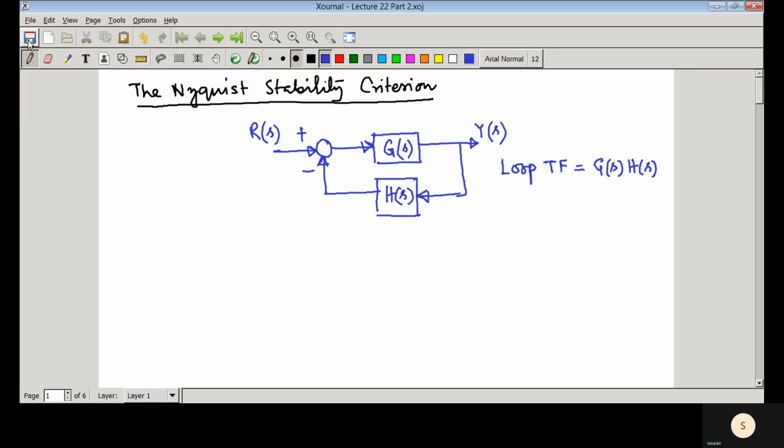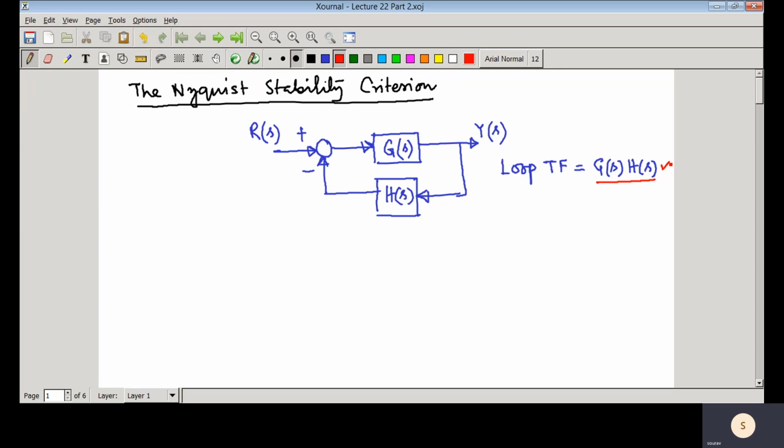So whenever a loop transfer function is given, that is G(s) and H(s) are given, then from this loop transfer function we can have the pole locations. We can have the information about the poles, that means what would be the poles of this loop transfer function.